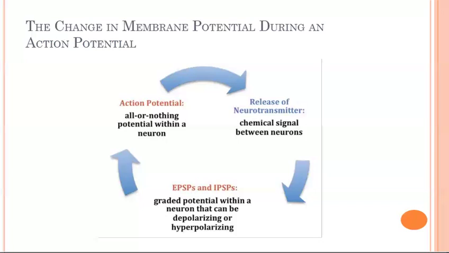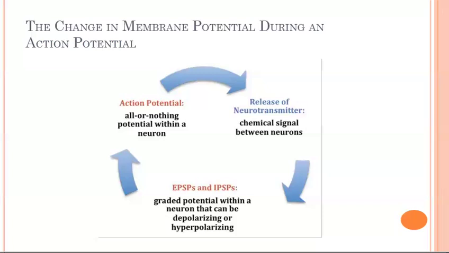When the cell is at resting membrane potential, these voltage dependent Na plus channels are closed. As we learned earlier, both diffusion and electrostatic pressure are pushing Na plus inside the cell. However, Na plus cannot permeate the membrane when the cell is at rest.